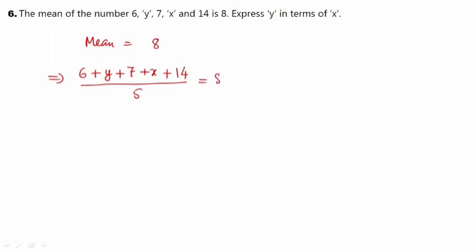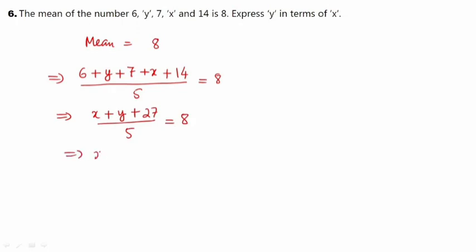So this is 8, right? So let's add now. 6 plus 7 is 13, 13 plus 14 is 27. So we have x plus y plus 27, because x and y cannot be added, divided by 5 is equal to 8.